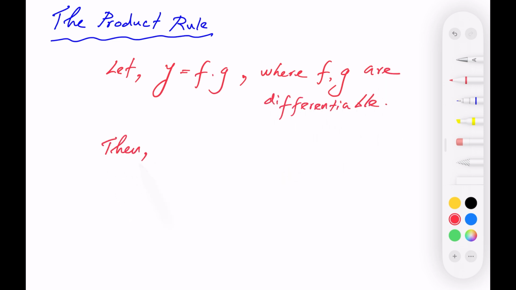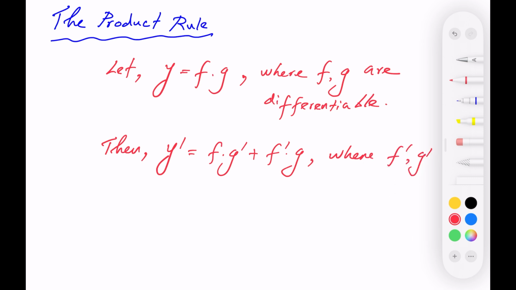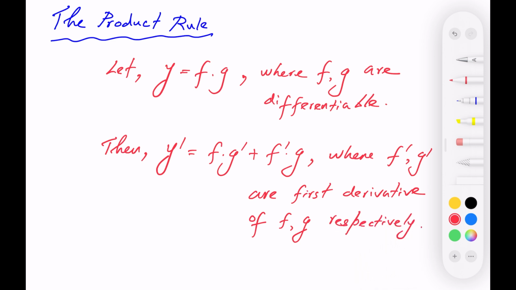Then y prime, which is the derivative of y, should be equal to f times g prime plus f prime times g, where f prime and g prime are the first derivative of f and g respectively. This is called the product rule of differentiation.